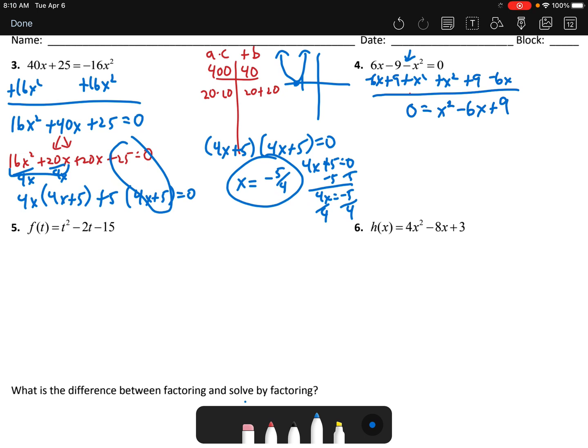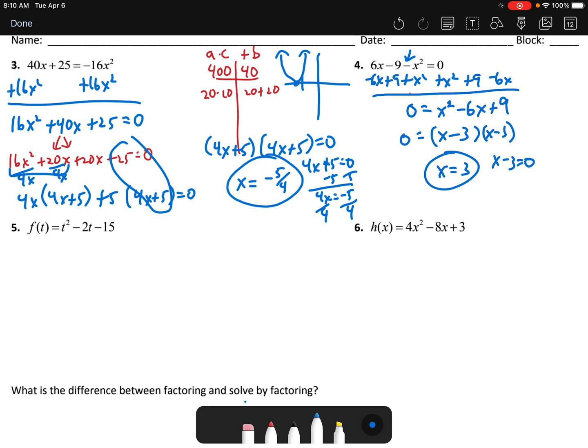Hey, there you go. Now that looks like something we can factor. Double bubble. I think it's minus 3 and minus 3. Again, we only have one answer. x equals 3. So x minus 3 equals 0, and so obviously it's x equals 3.